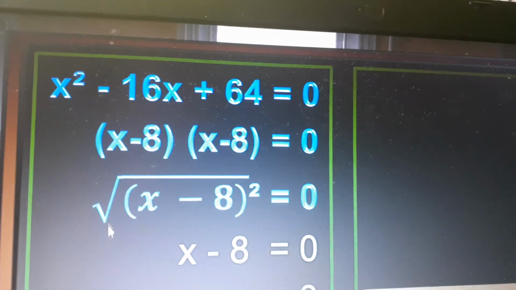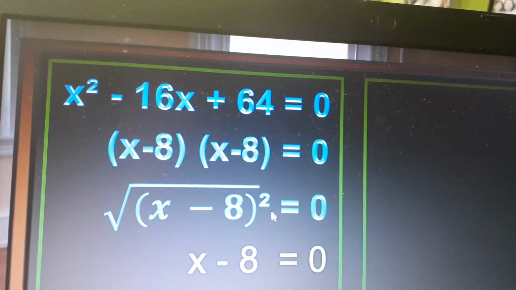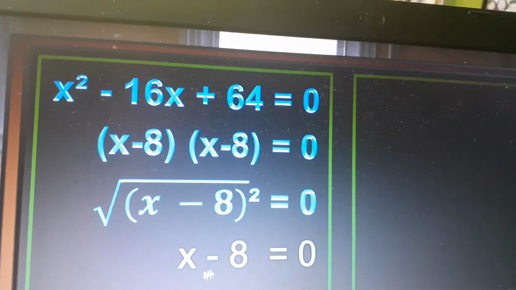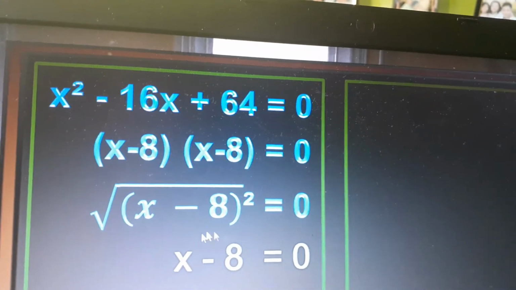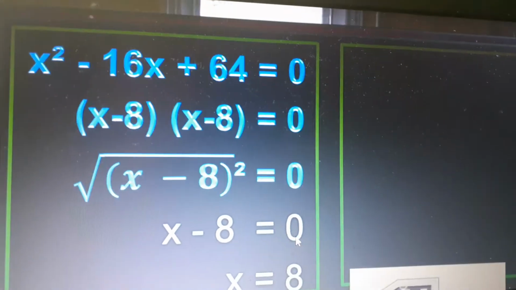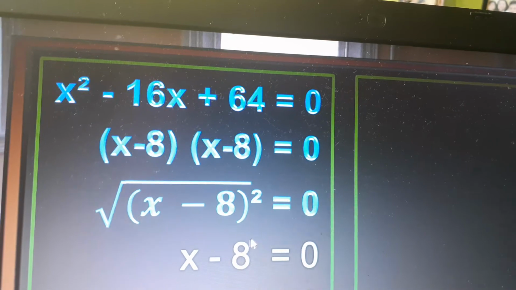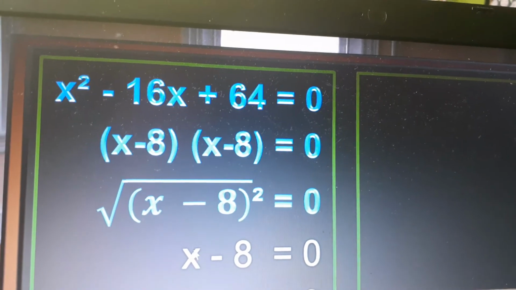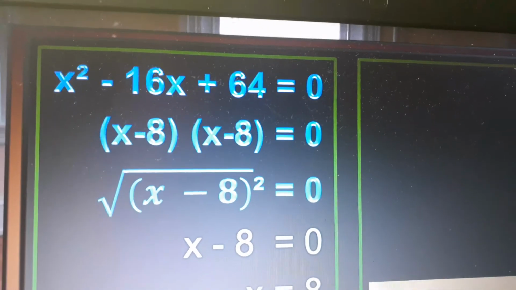Pag kinuha po natin yung square root ng x minus 8 squared, that is equal to 0, which is also equal to x minus 8. Ibig sabihin nun, ang katumbas nun is x minus 8 equals 0. Para makuha po natin yung value ng x, madali lang, lipat lang natin yung 8 sa kabila, then matitira yung x dito, our x now is equal to 8.